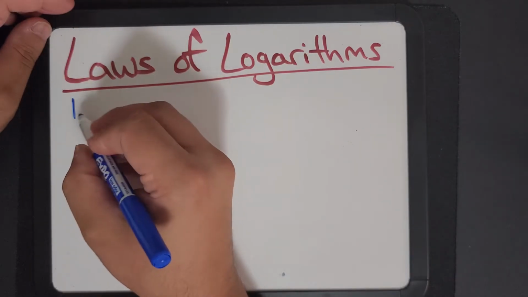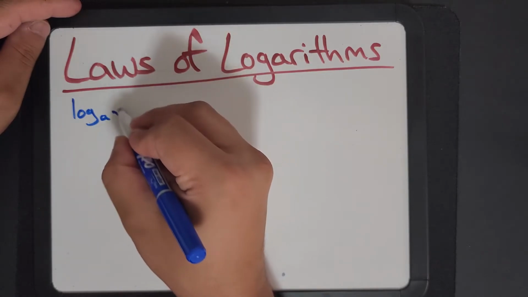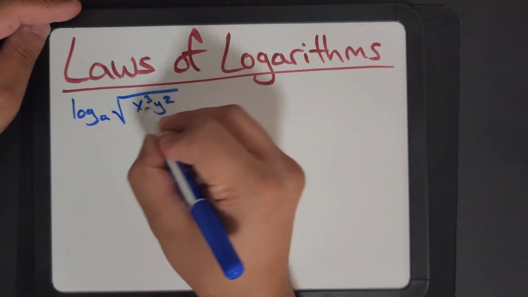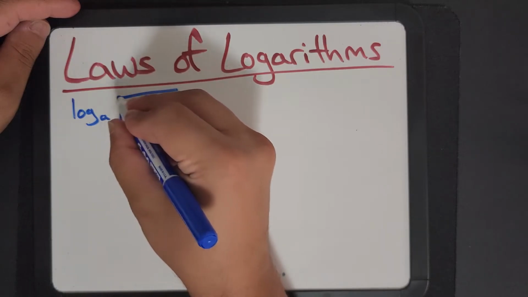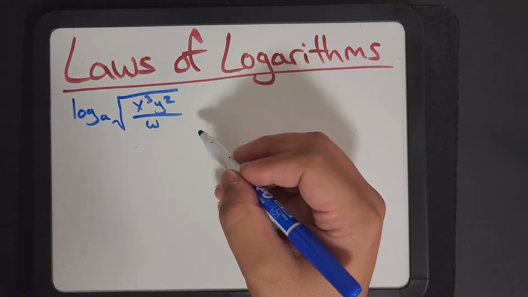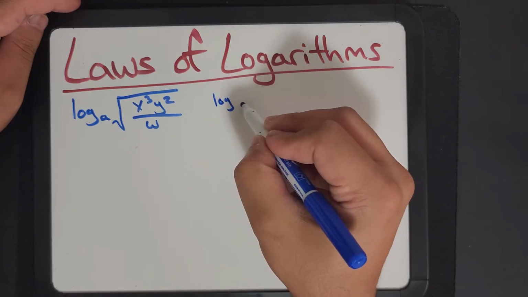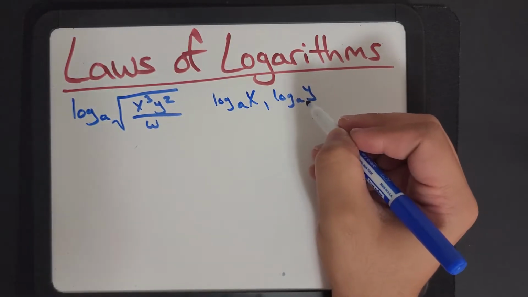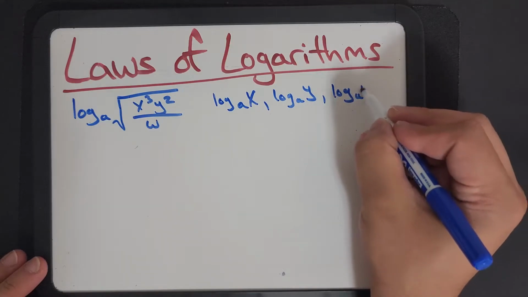Let's say I have this log a of x cubed y squared over w. And now I want to represent this in terms of log a x, log a y, and log a w.